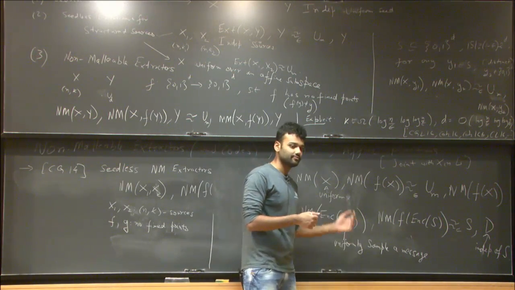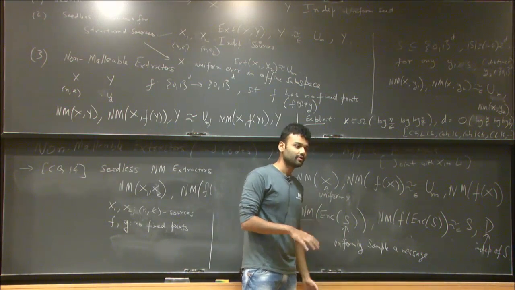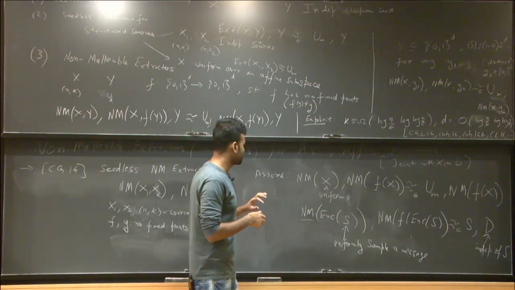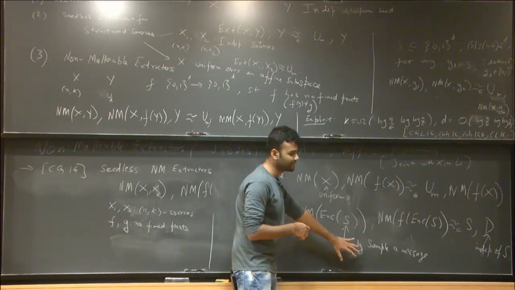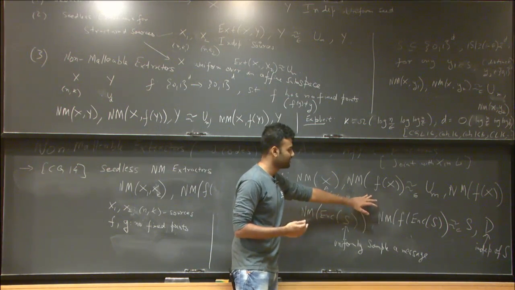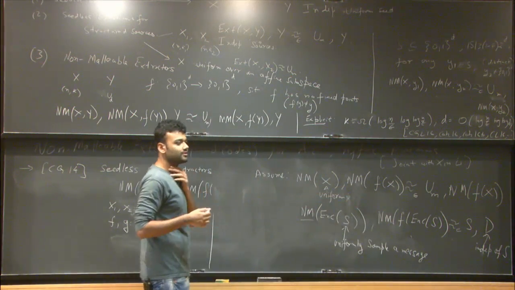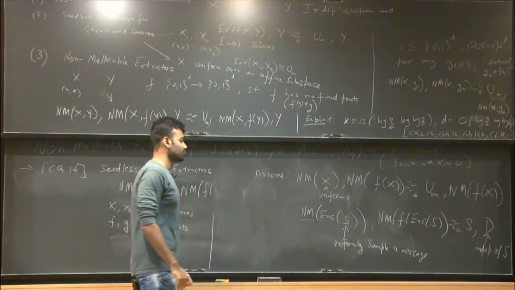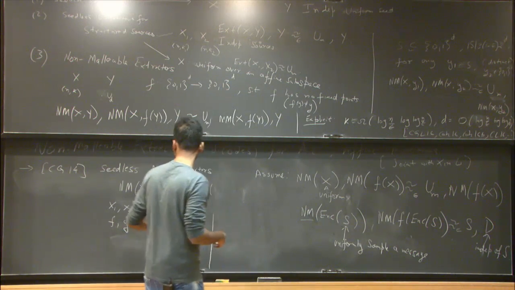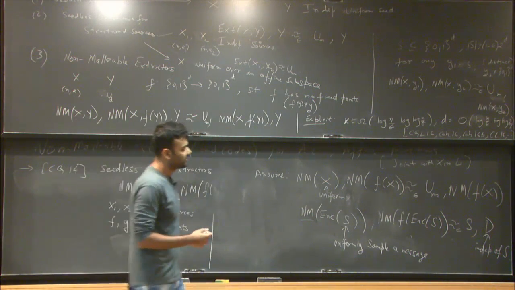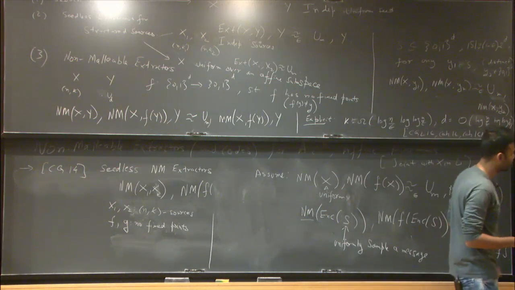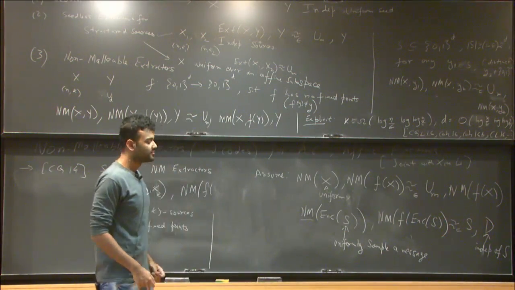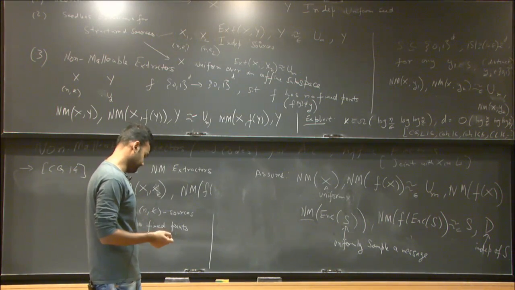So this works for families of functions which do not have fixed points, for example, shifts: the identity and everything else has no fixed points. The actual definition of a seedless non-malleable extractor also has to go through this copy kind of thing. So that's how you deal with fixed points.